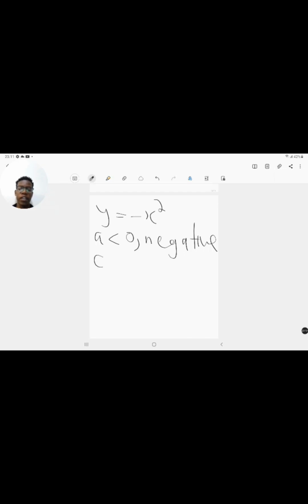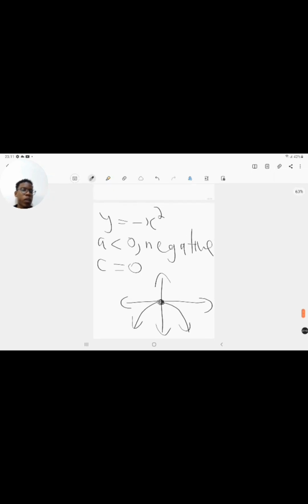And our c, same as the last one, is 0 because there is no number that floats on its own here. So if you were to quickly sketch this, it passes through there because that's where your y is equal to 0, and it's negative, so it goes down like that.